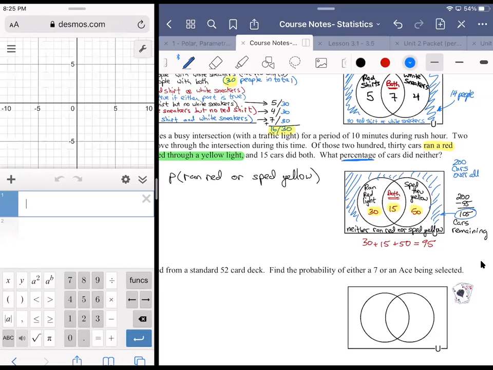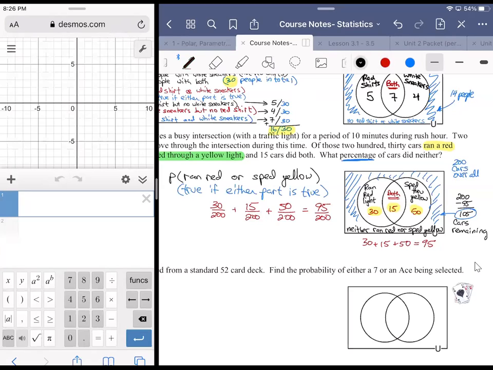And again, it's true if either part is true. So that would amount to 30 out of 200 plus 15 out of 200 plus 50 out of 200. All right, so it's 95 out of 200. So that would be the probability that we wouldn't want. All right, so this is what we don't want.